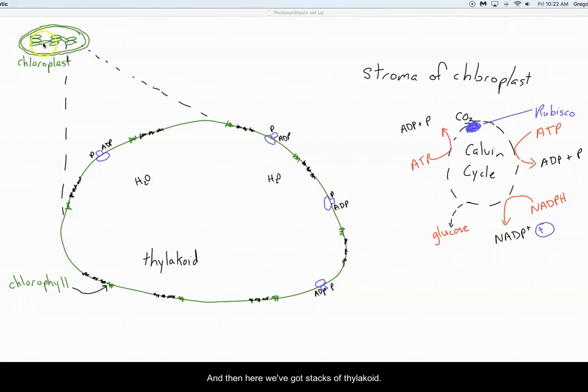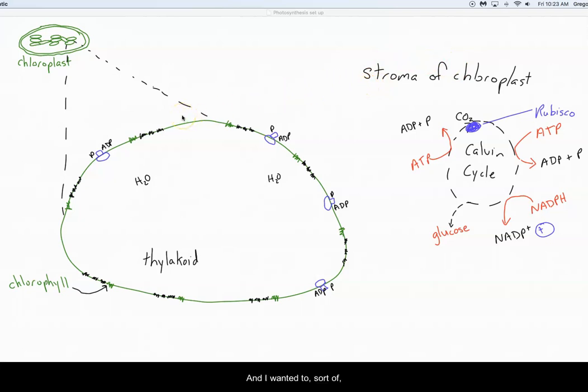And then here we've got stacks of thylakoid membranes, which are their own sort of balloons of fluid within the stroma. And then I've blown up one of these thylakoids. So here is a thylakoid within the stroma of the chloroplast.